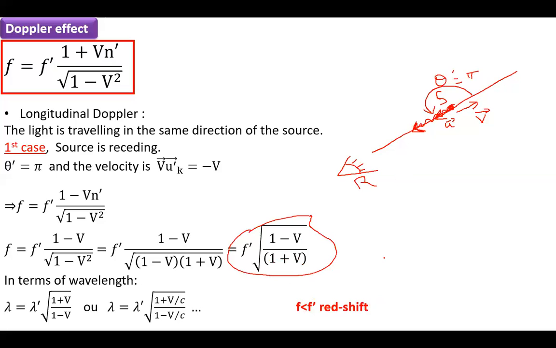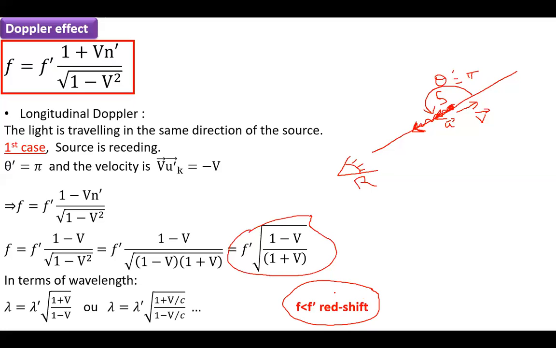You don't care if the light has a red color or not. It's just a way to say that the frequency is decreasing. So when the frequency is decreasing, we call it a redshift, whether it is colored red or any other color.